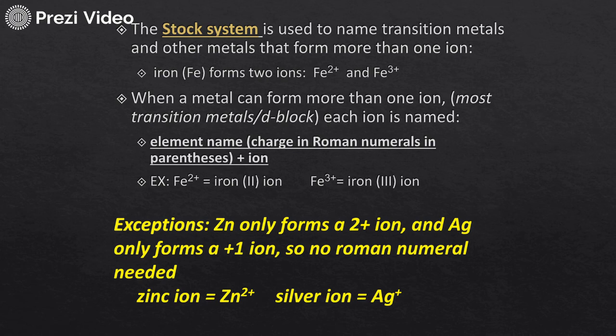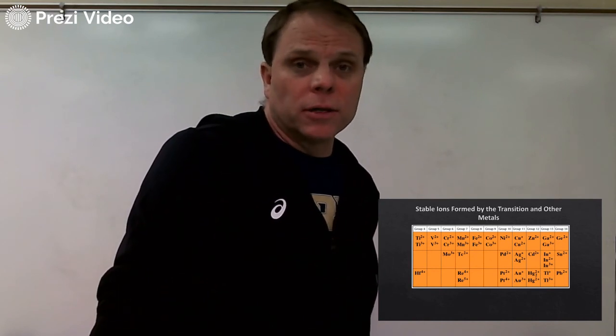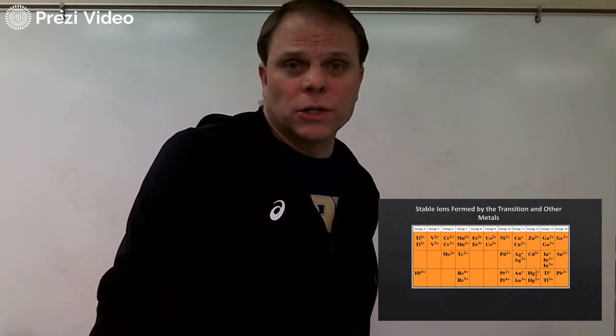Now, there are some exceptions. For instance, zinc only forms a 2+ ion. Silver forms a 1+ ion. If it only forms one ion, like zinc or silver, you do not need to include the Roman numeral. So don't include the Roman numeral if it only has one charge.